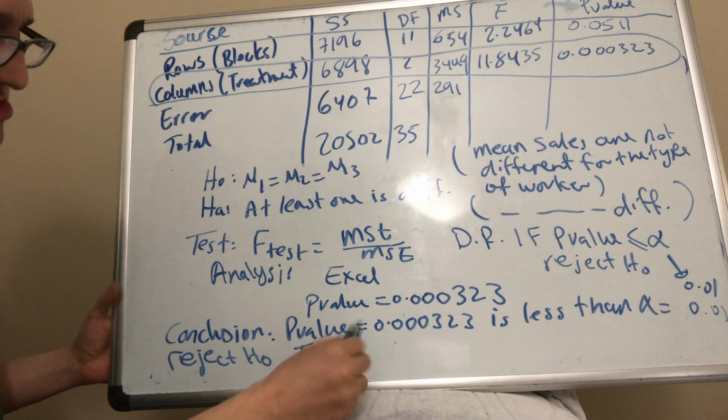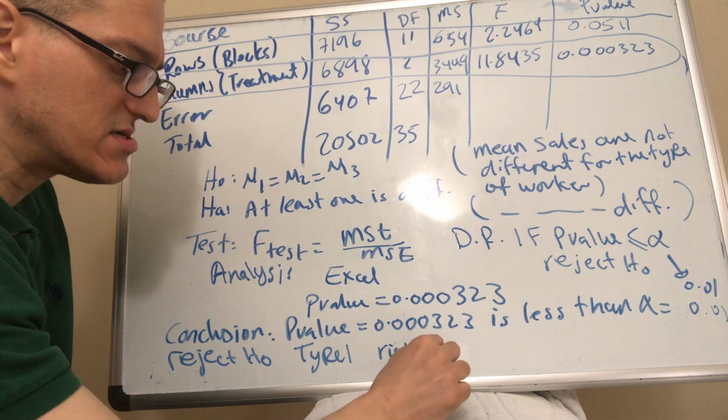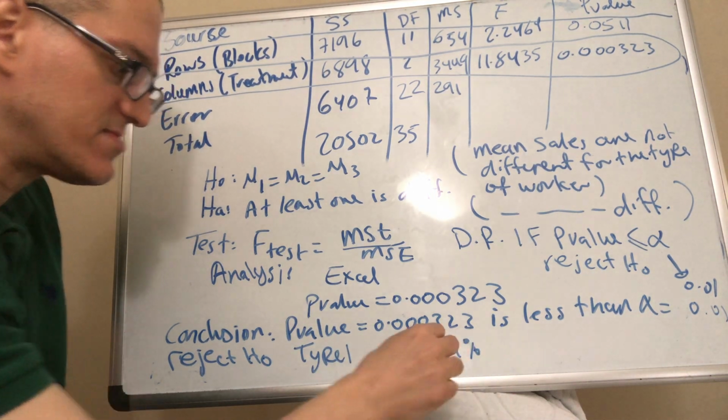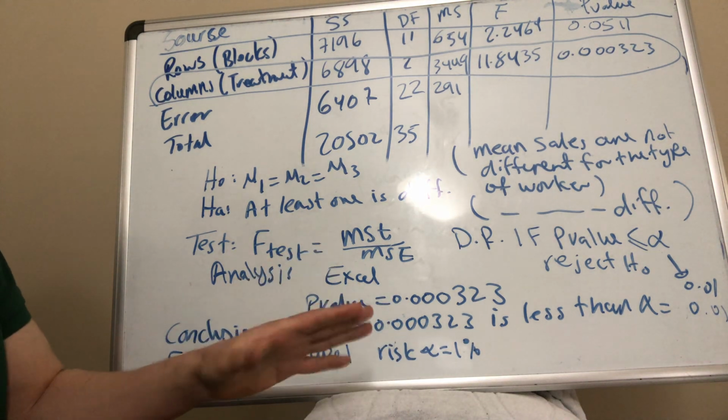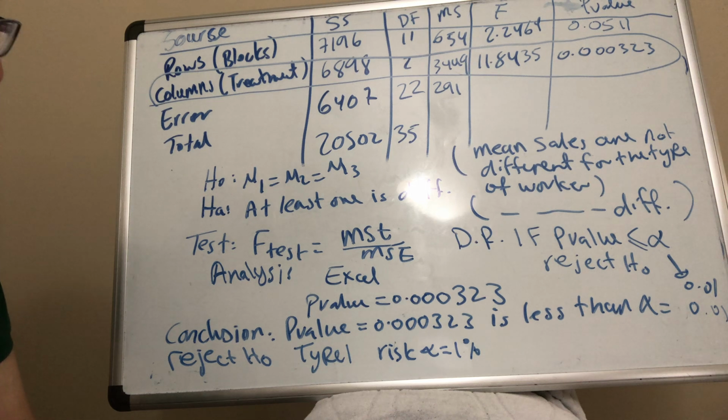Type 1 could be committed. You have to say type 1 could be committed. Risk equals alpha 1%, but I'm out of space. So you have to say type 1, like we said for the previous two questions, type 1 could be committed, risk equals alpha.